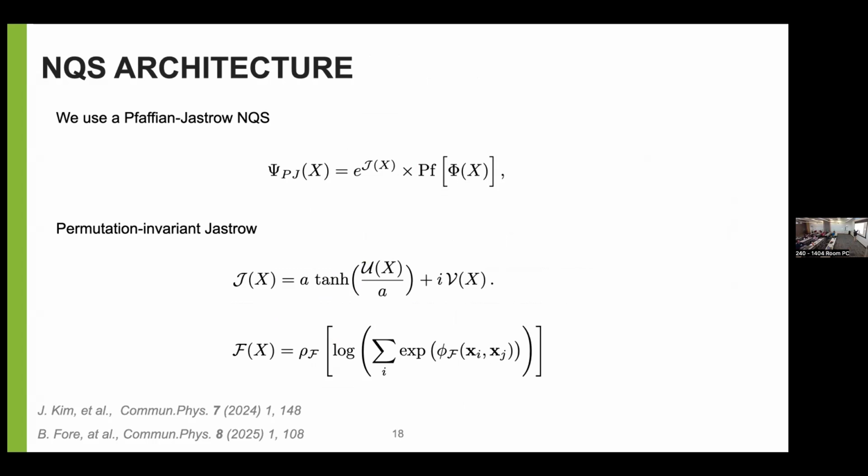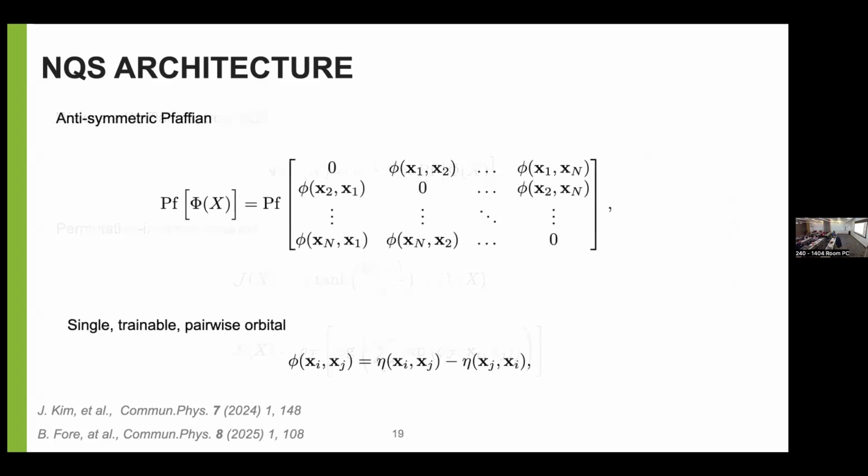The Jastrow is a permutation invariant function, complex, and for numerical stability we limit the fluctuations of the exponential of the wave function to between 10 to the minus 8 and 10 to the 8. And we use deep sets to enforce permutation invariance in this Jastrow. Then the Pfaffian, they have already discussed it.